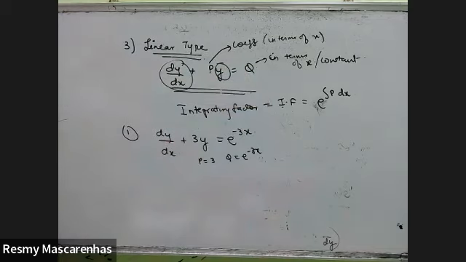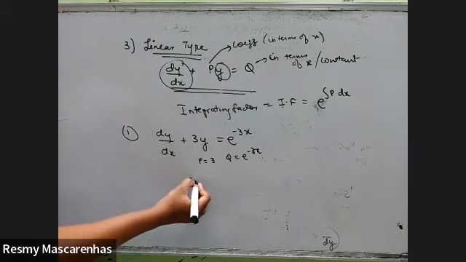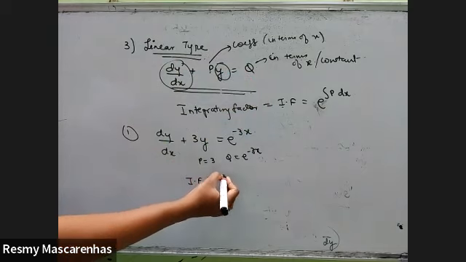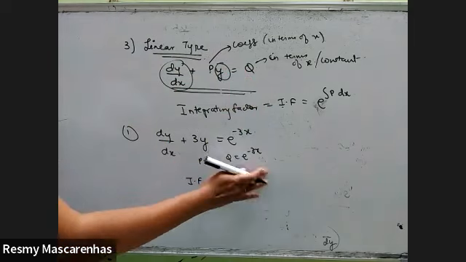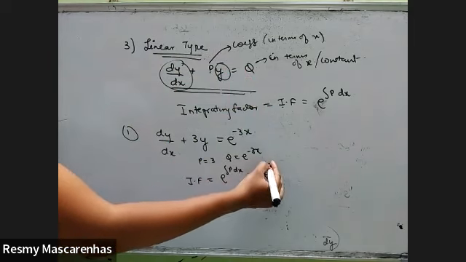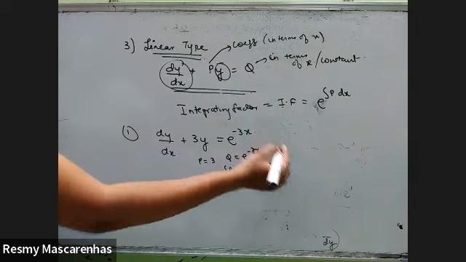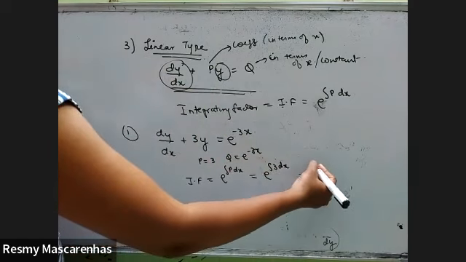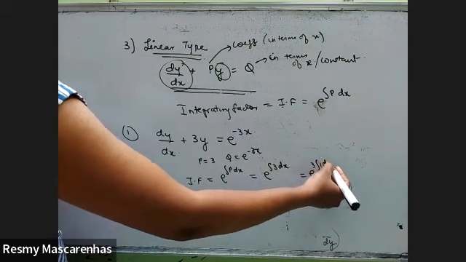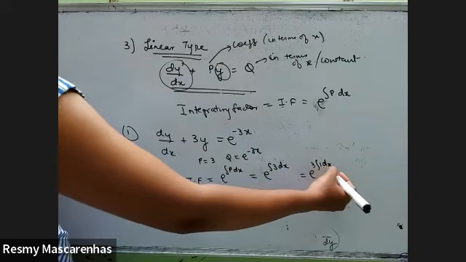Now, what we have to do is find the integrating factor. P is 3. The integral you keep, and this number. What is the integral of 1 with respect to x?